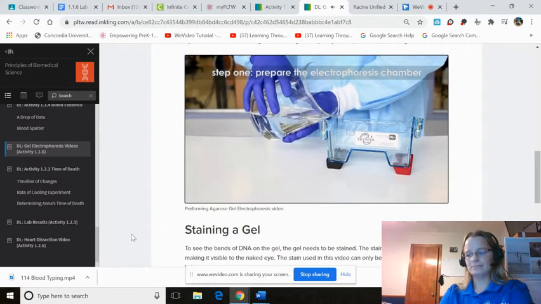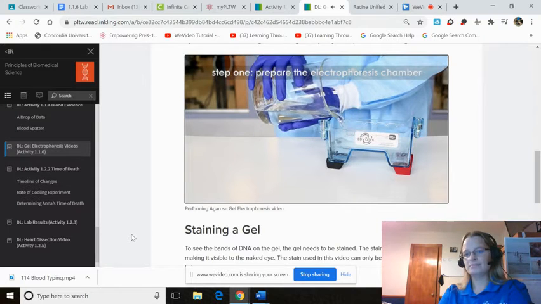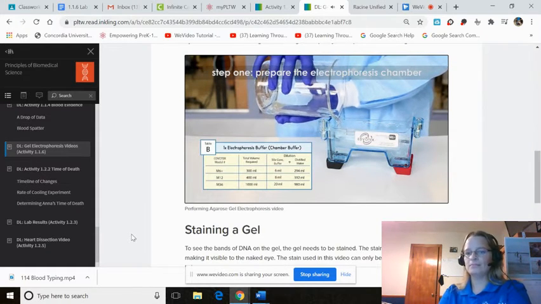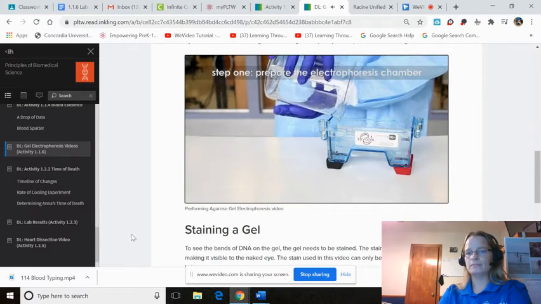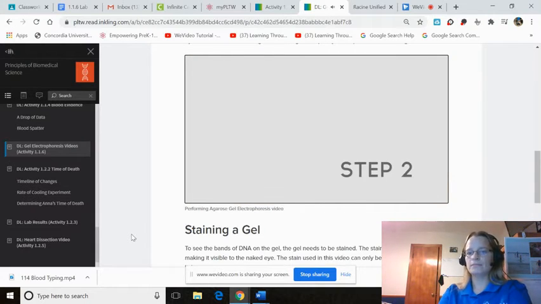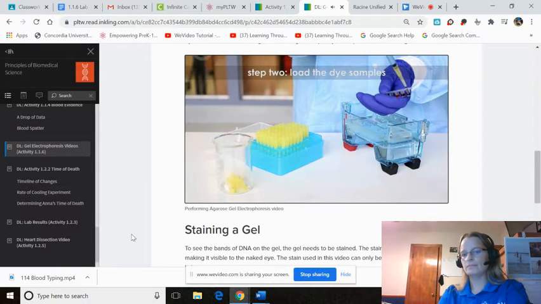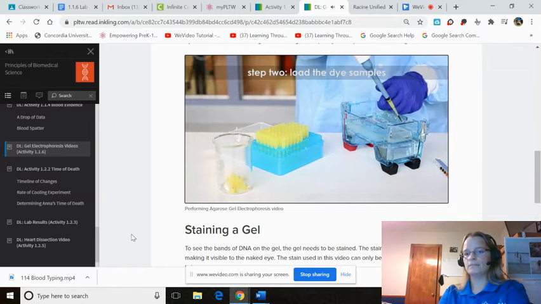Completely submerge the gel with diluted electrophoresis buffer. Refer to Table B for recommended volumes. Step 2. Load 35 to 38 microliters of dry samples into wells in consecutive order, starting with the closest well.